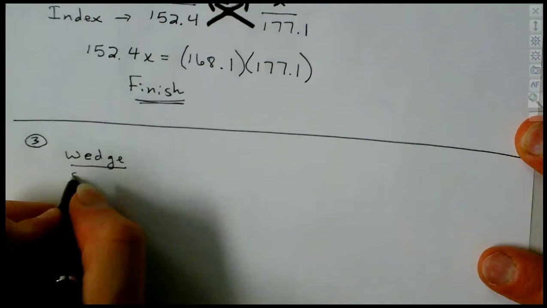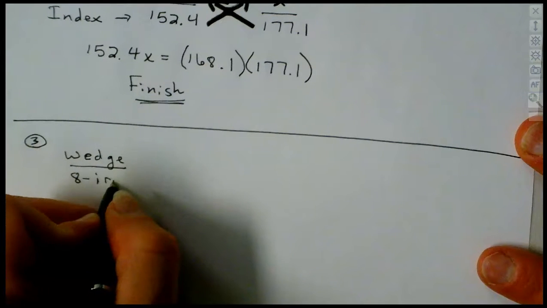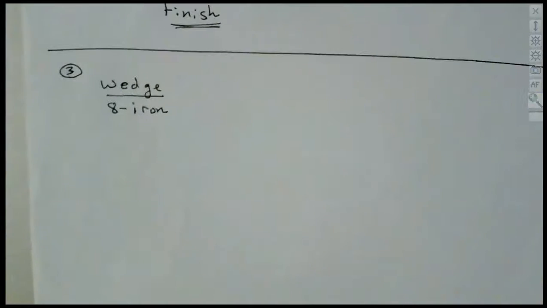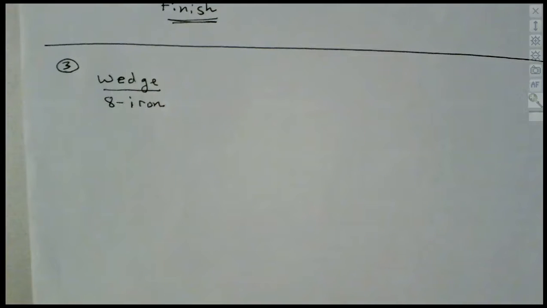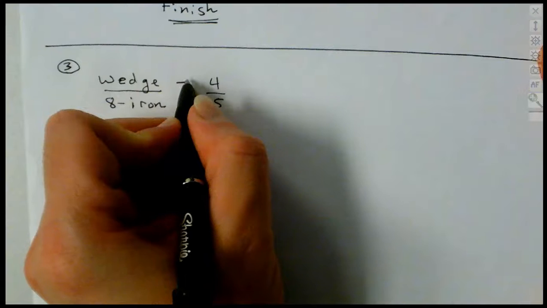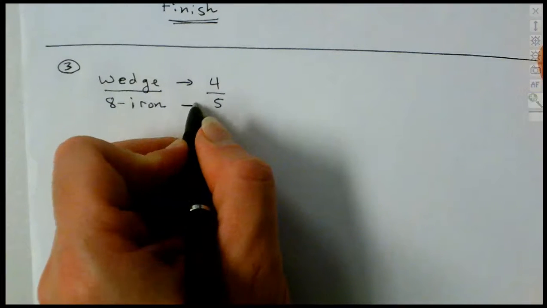And the 8-iron goes below. Now, what is that ratio? When we read this question, it says the pitching wedge and the 8-iron will drive a golf ball with a ratio of 4-to-5. So that means the ratio is 4-to-5. So your wedge is 4, your 8-iron is your 5.